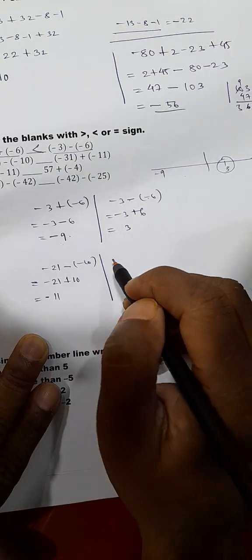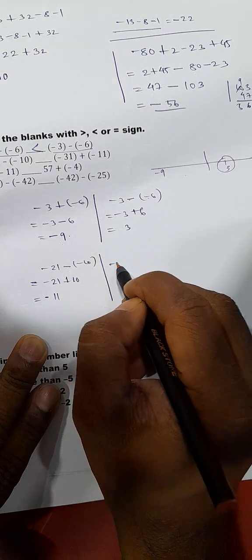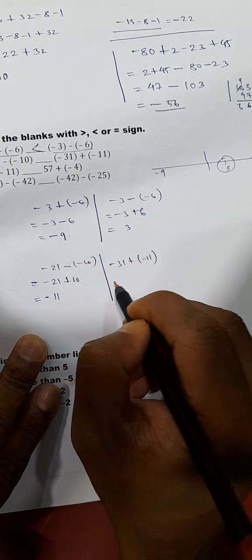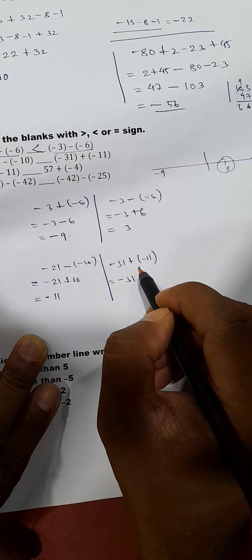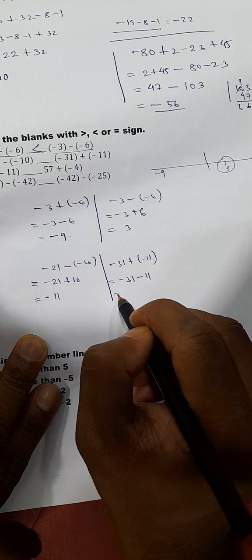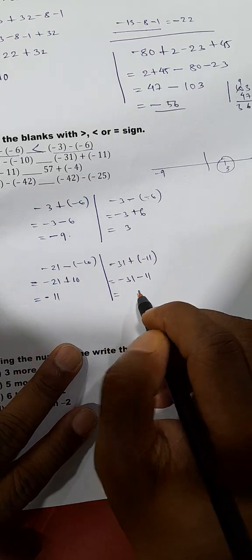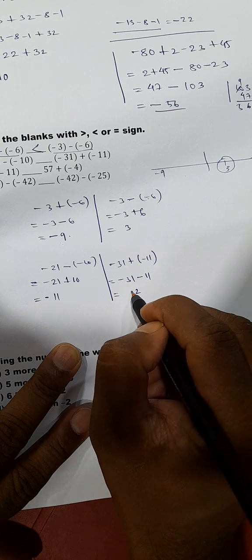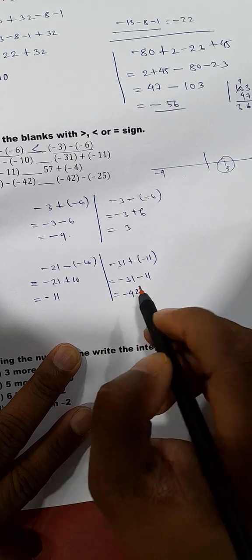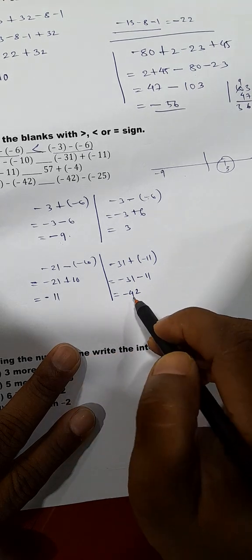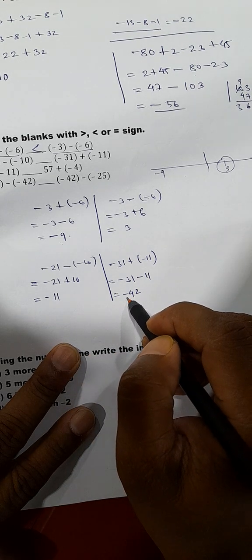So we'll find the right hand side: -31 plus -11. -31 plus -11. Now the sum of two negative integers is negative, 42. Now see the left hand side is -11, the right hand side is -42.